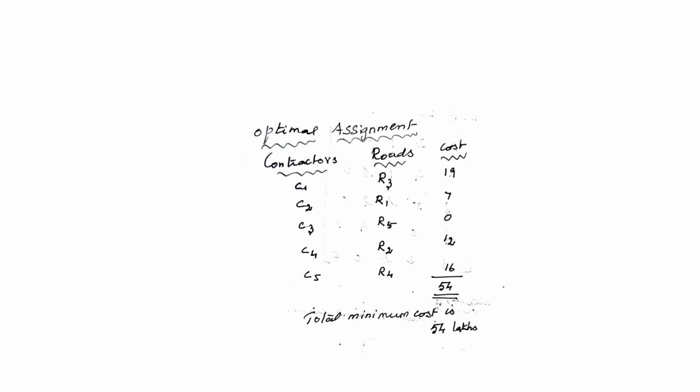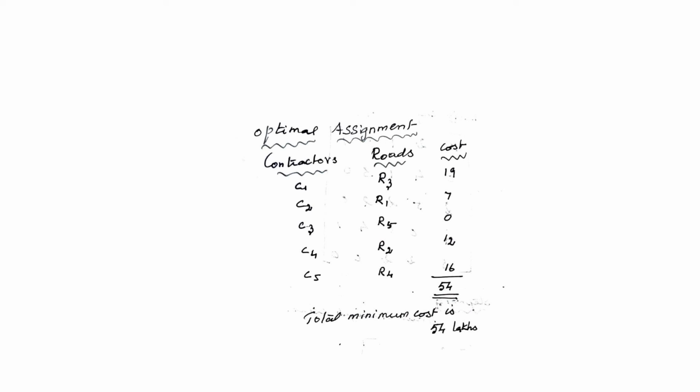Then finally we get the answer, that is the total minimum cost. Here you see contractor C1, the first contractor, is assigned road number 3, the contract cost is 19 lakhs. Contractor 2 is assigned road number 1, the cost of repair is 7 lakhs.